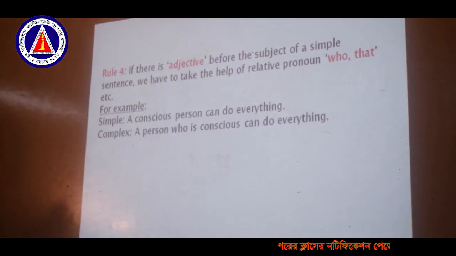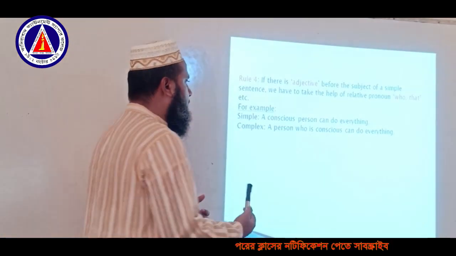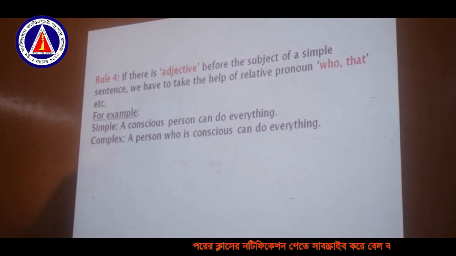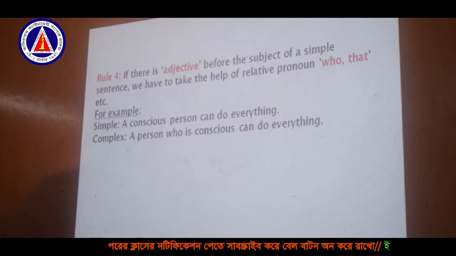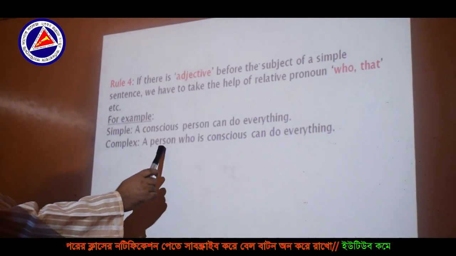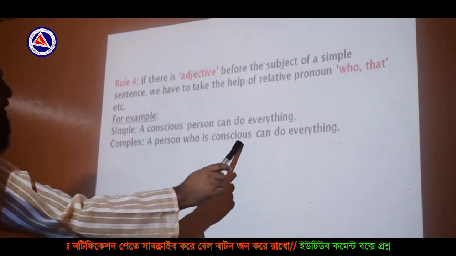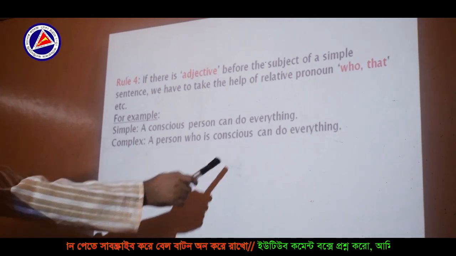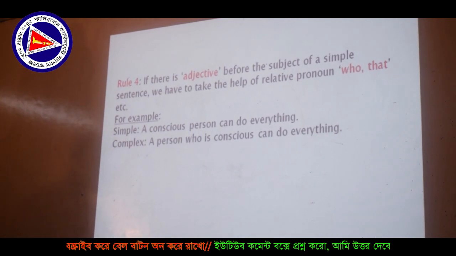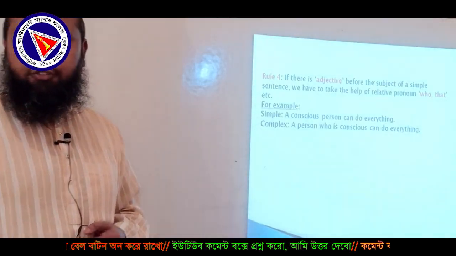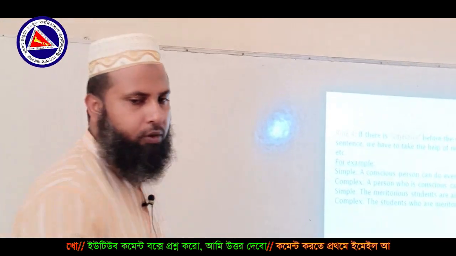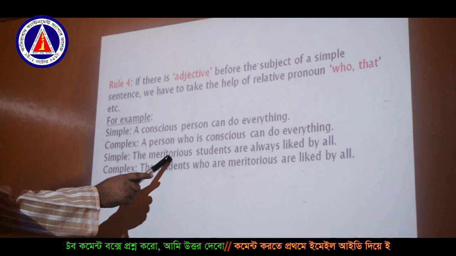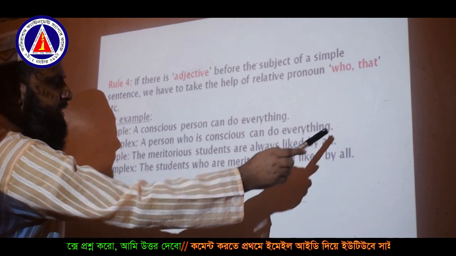For a person we use "who", and for a non-person we can use "that" or "which". So: A person who is conscious can do everything. Two clauses: a person can do everything who is conscious. So "who is conscious" is the subordinate clause, but "a person can do everything" is the principal clause.